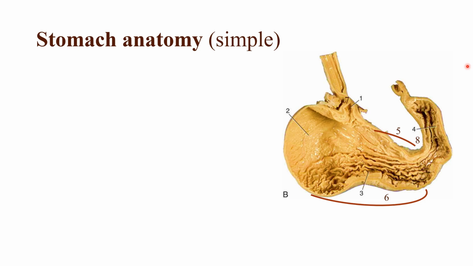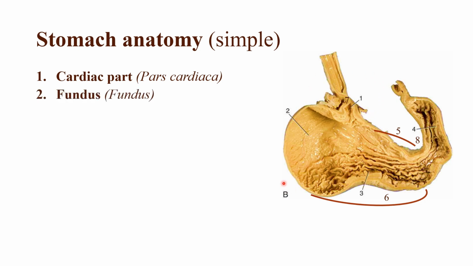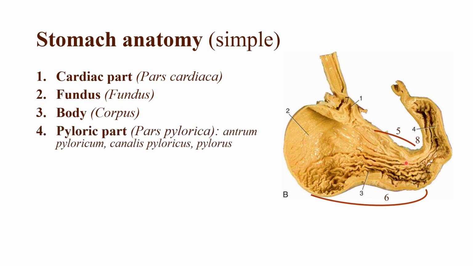Now I also wanted to quickly remind you of the stomach anatomy. If you want the full video, please check out the previous lecture, but we're going to quickly run through it here as well. First we have the cardiac part, which connects the stomach to the esophagus. Then we have the fundus, the body of the stomach, and the pyloric part, which connects to the duodenum.